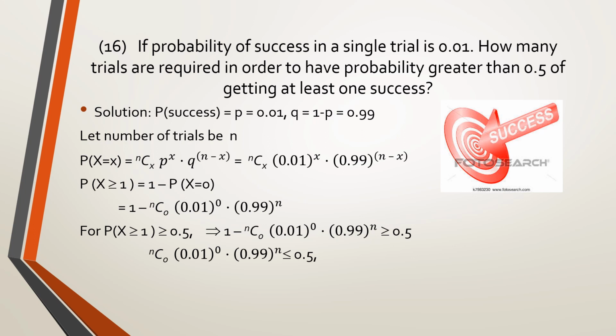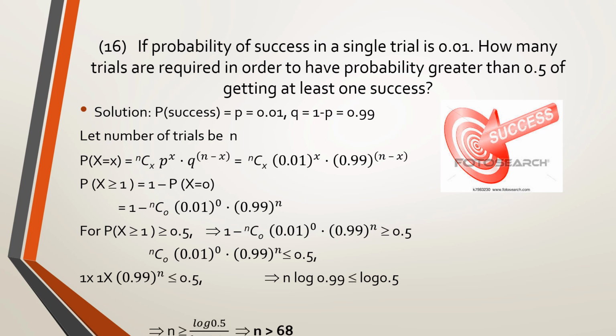That means NC0, 0.01 raised to 0, 0.99 raised to N has to be less than or equal to 0.5. So taking log, we get N times log 0.99 less than or equal to log 0.5. The base can be anything, either e or 10. N has to be greater than or equal to log 0.5 divided by log 0.99.